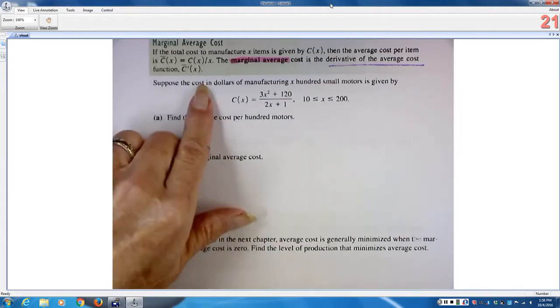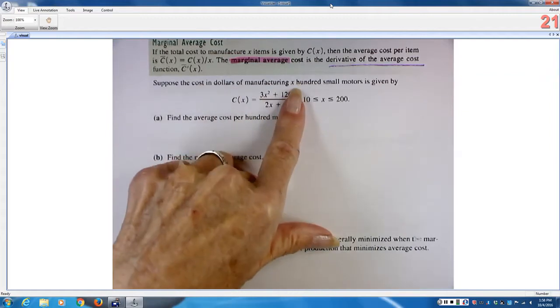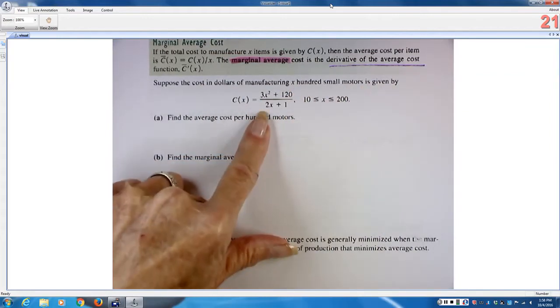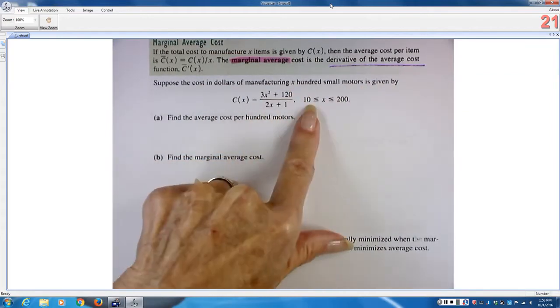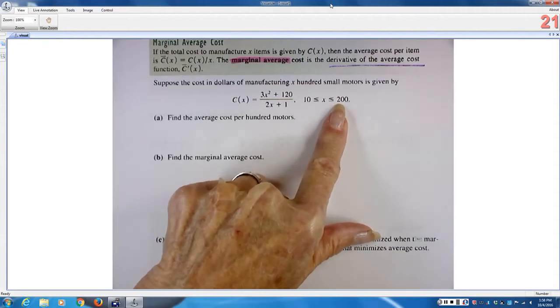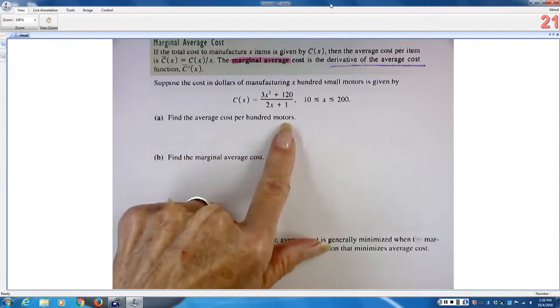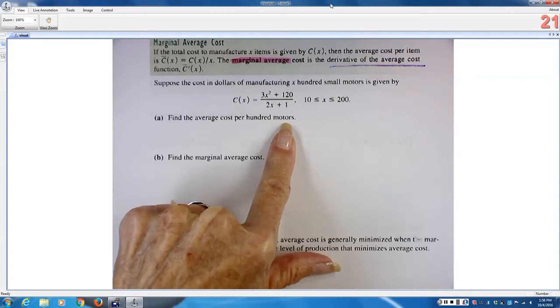So suppose the cost in dollars of manufacturing X hundred small motors is given by this function as long as X is between 10 and 200. Find the average cost per 100 motors.